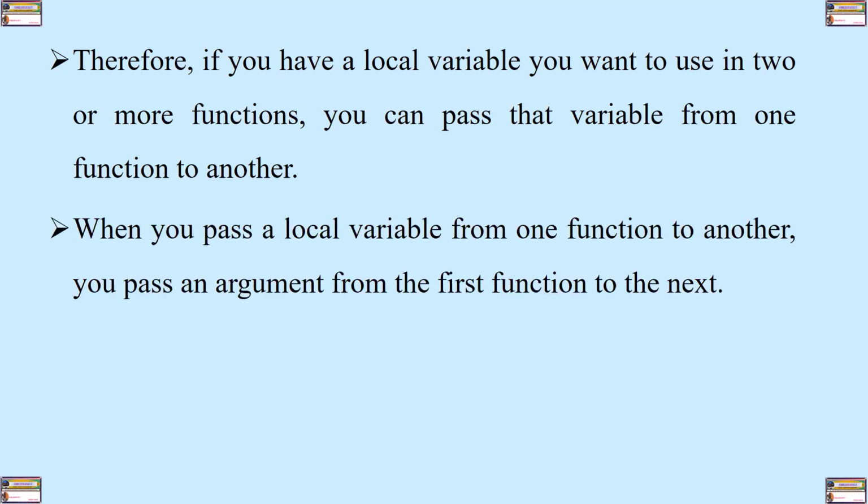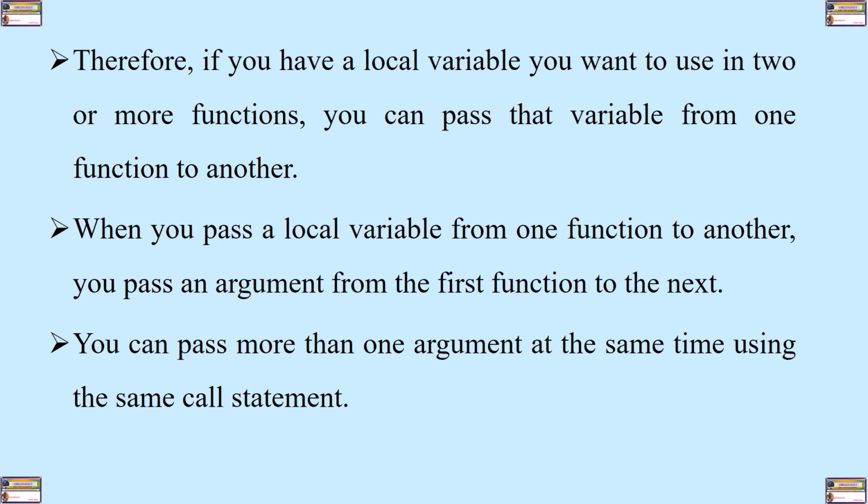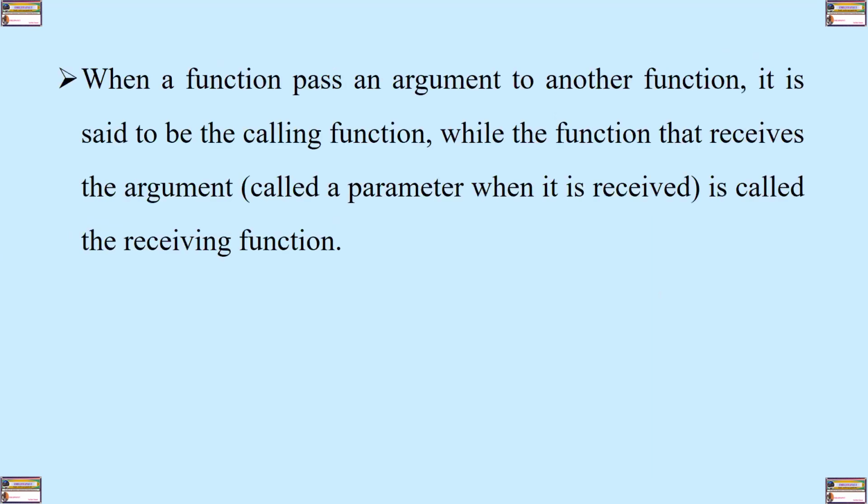When you pass a local variable from one function to another, you pass an argument from the first function to the next. You can pass more than one argument at the same time using the same call statement.